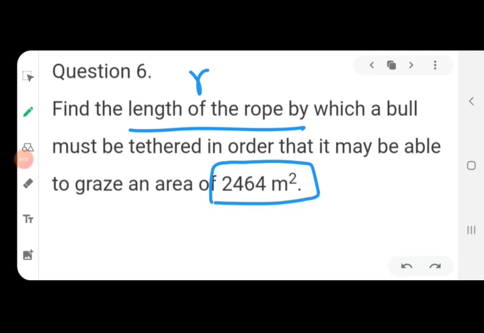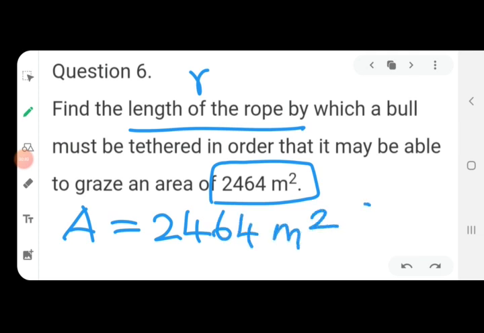Okay, so they have given the area, so we take A equal to 2464 meters square. We need to find R. So we will substitute the formula. We know that area of the circle A equals pi R square.